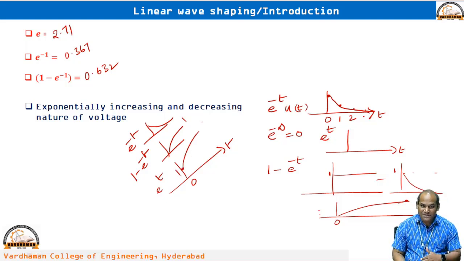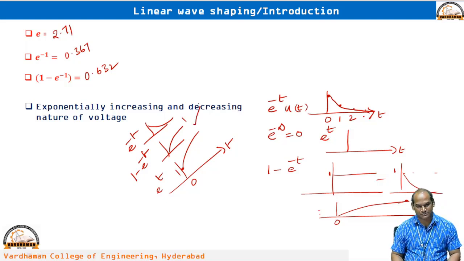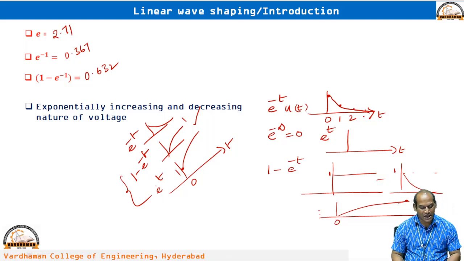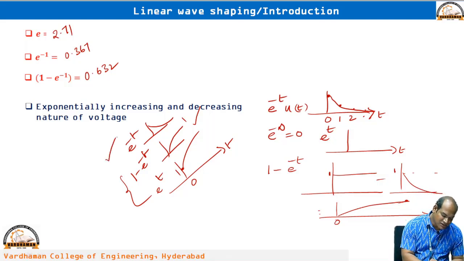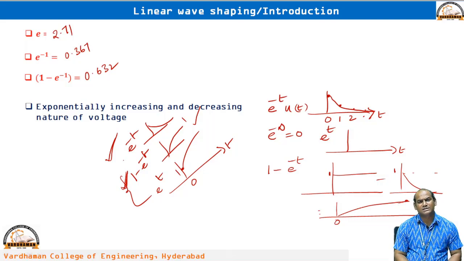But in our PDC subject, we are going to deal with this type of structure, where the maximum value is 1 only; it is exponentially increased from 0 up to 1. So, there is a change between these two exponentially increasing signals. You have to understand the nature of 1 minus e power minus t, and the nature of e power t. We are going to work with this one and this one. Then we will see the remaining things in the next class. Thank you.